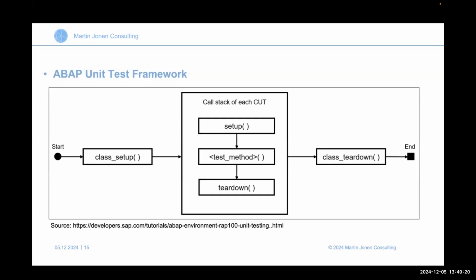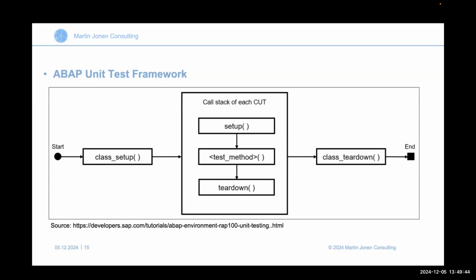framework. When you are creating a test class and executing it, the framework we run through is always the same. In the very beginning, we have this class setup, a static method, which is executed, so here we can include some logic.